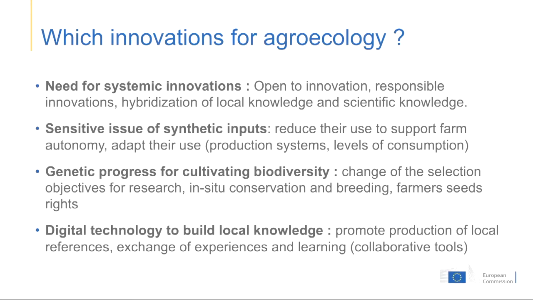But it's not the unique solution and only focus on production. We need to look at the sensitive issue of synthetic inputs, as we said, to reduce their use, to support farm autonomy and adapt their use to production systems and level of consumption.